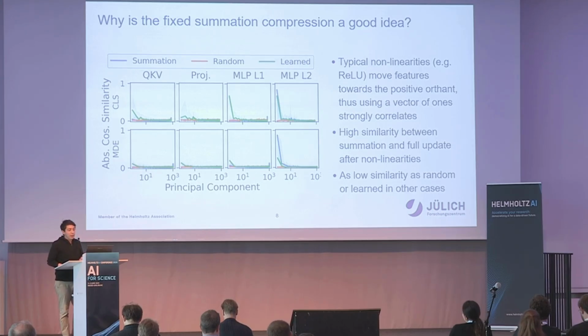Starting from the right column, we see that there is a high similarity between using the vector of ones, so the sum, and the full update. In the other cases, so for the other three columns, the similarity is low for all of the cases. So in general, we conclude that using the sum is efficient in terms of both memory and computation.